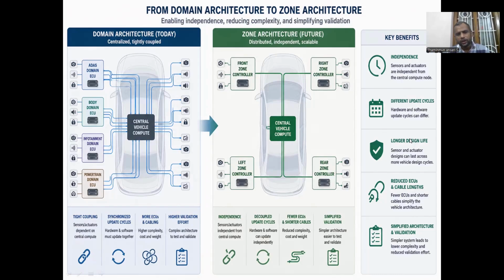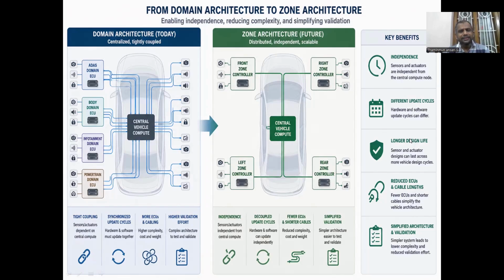When you want to update hardware and software, you have to update both. You cannot update the software and hardware in different time frames, because the domain controllers are associated with domain sensors and the respective domain software, so you have to update both.